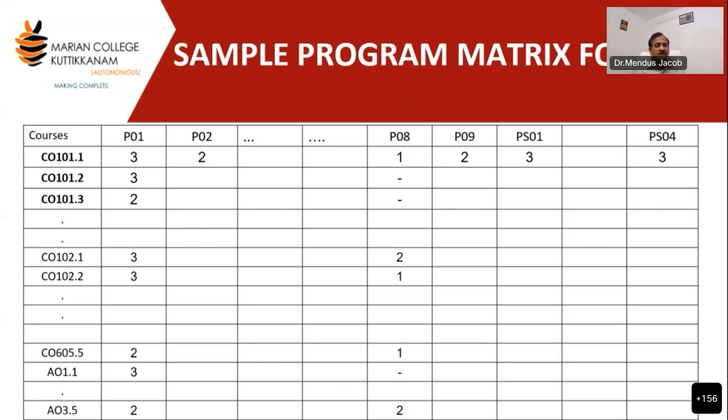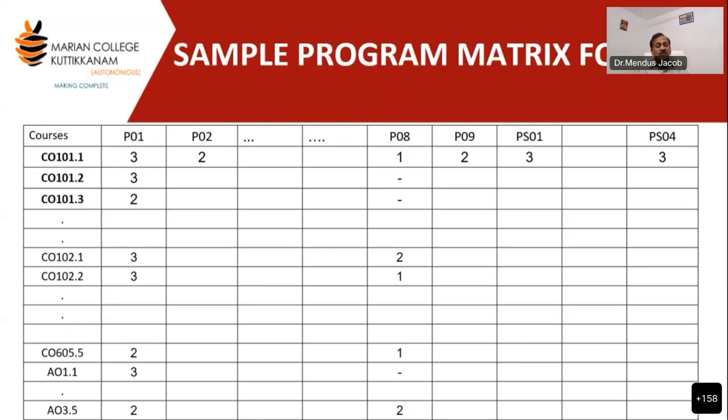So in 6 semesters, if you take 5 courses in a semester, 5 into 6, the students will be studying 30 courses. And if each course has 5 course outcomes, then 30 into 5, 150 course outcomes will be there. So on the left, in the first column, you will have all the course outcomes listed.